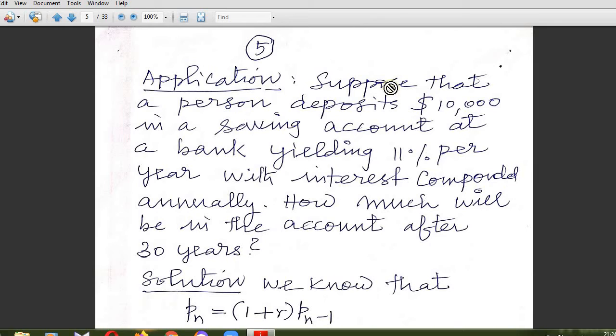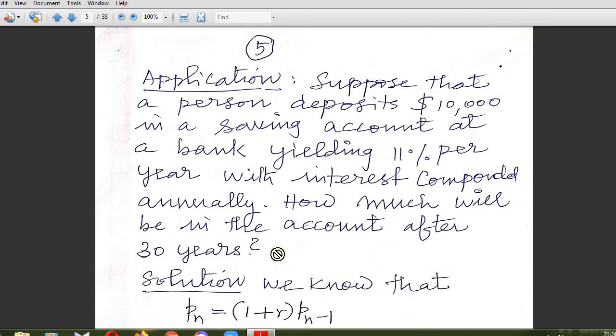Now let us discuss this wonderful problem. Suppose that a person deposits $10,000 in a savings account at a bank which yields 11% per year with interest compounded annually. How much will be in the account after 30 years?